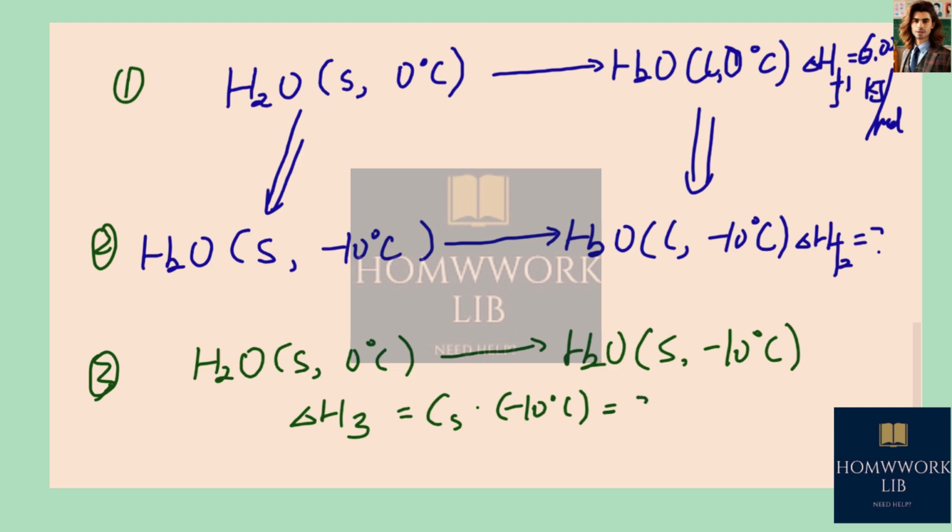The heat capacity is 37.7 joule per mole per K, times minus 10 K. This equals 377 joule per mole, with a minus sign.